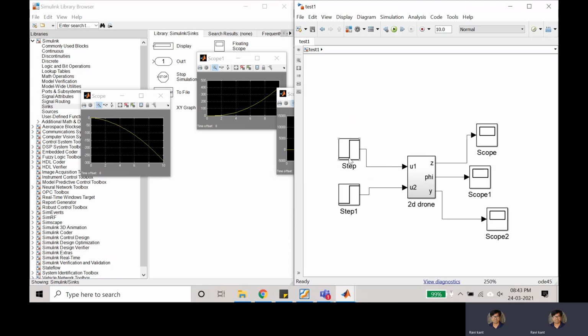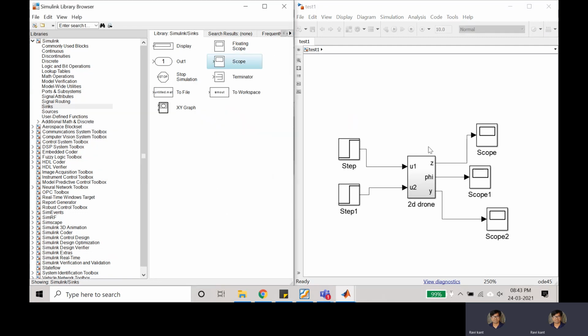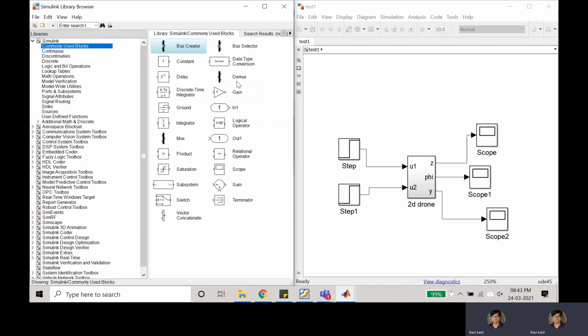So probably to give you a feel of what actually is happening here, let me plot the step input and the response in parallel. For that, I'm going to use a Mux over here.